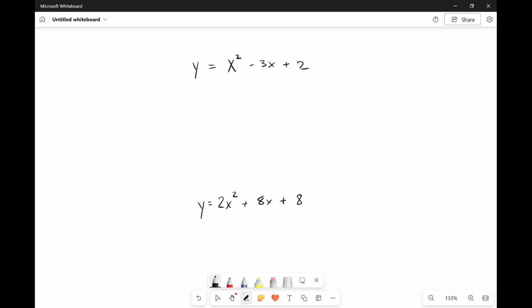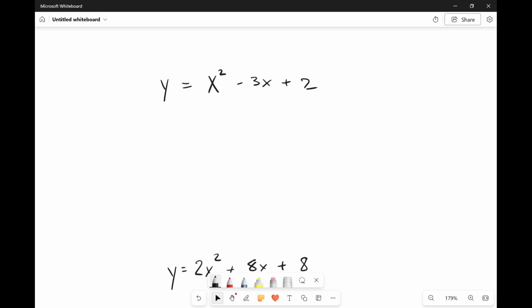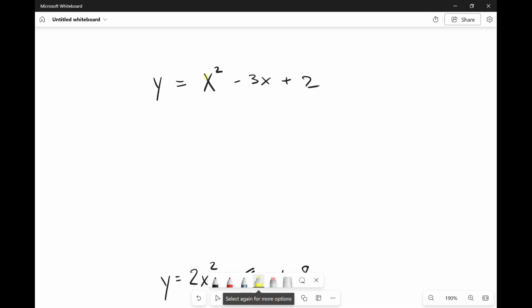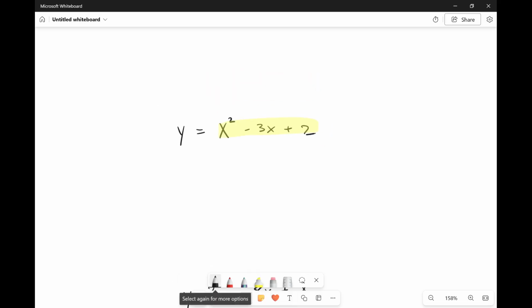So for this lesson, we're going to try and find our x-intercepts by factoring our polynomial form into a simpler equation. So when we look at this top equation here, we need to look at two things. We need to look at our b value. We need to look at our c value.